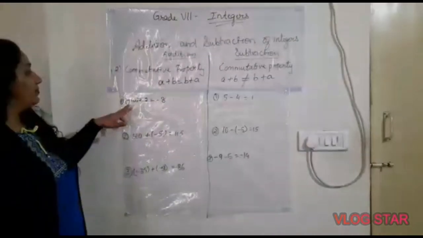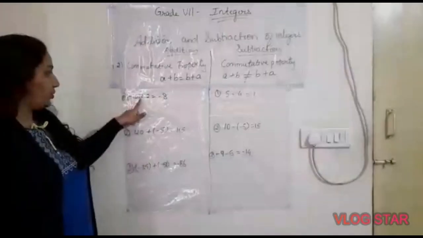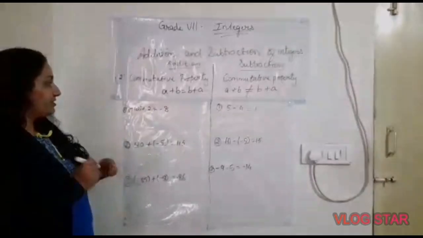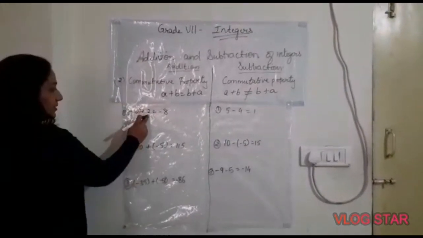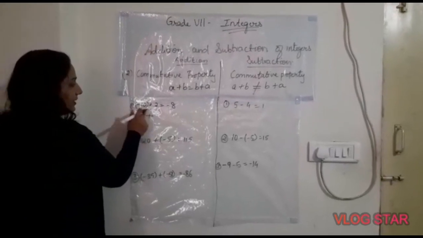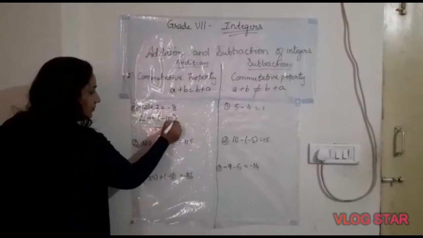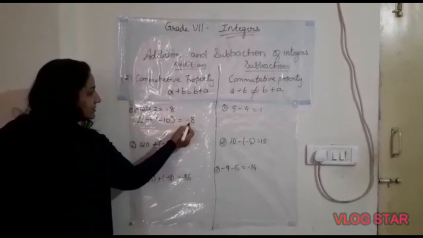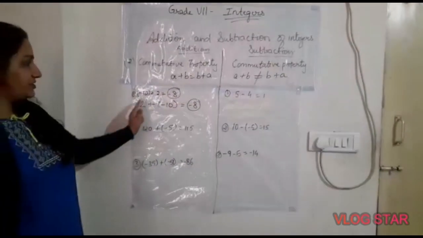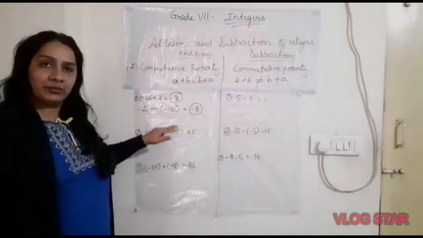For example, if you take minus 10, you add 2 to it, it gives minus 8. If we change the order, like if I put 2 here, then I add plus and then I write this number, again the result will be minus 8. So there is no difference in the result after changing the order of the numbers.